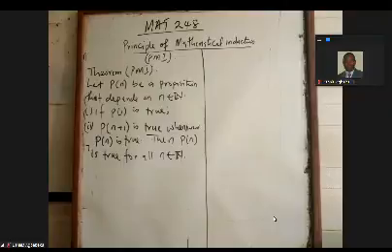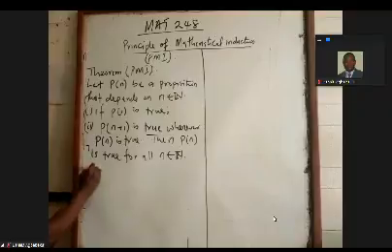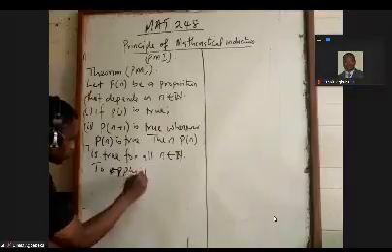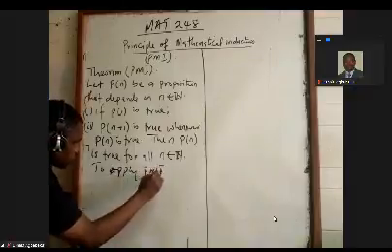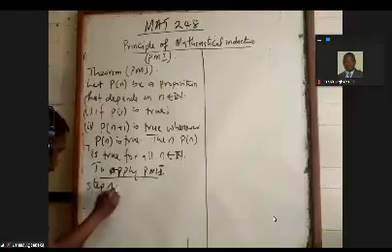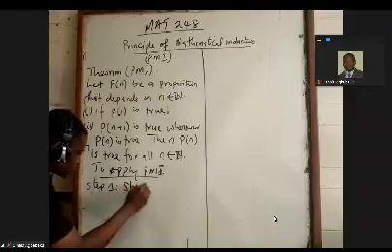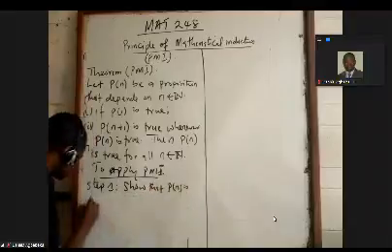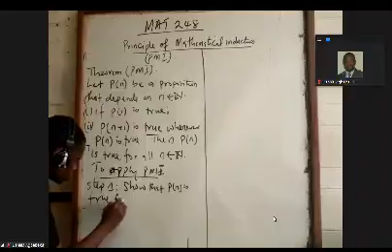Now, in order to use this theorem to prove a mathematical statement, we need to go through 3 steps. Follow these steps. Step 1: show that P of n is true for n equal to 1.